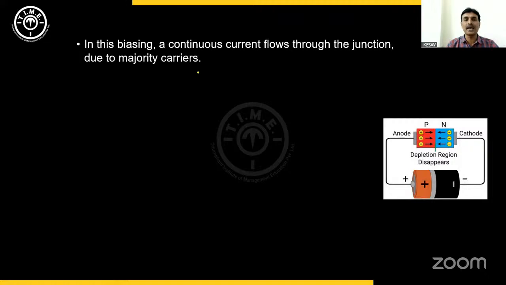A continuous current flows through the junction, meaning the diode conducts in forward bias. This is because of the majority charge carriers.